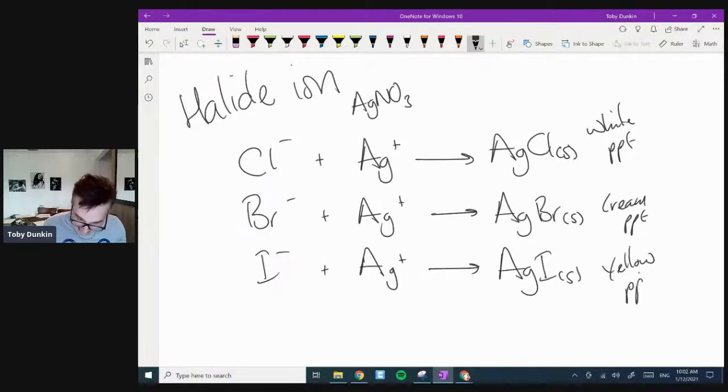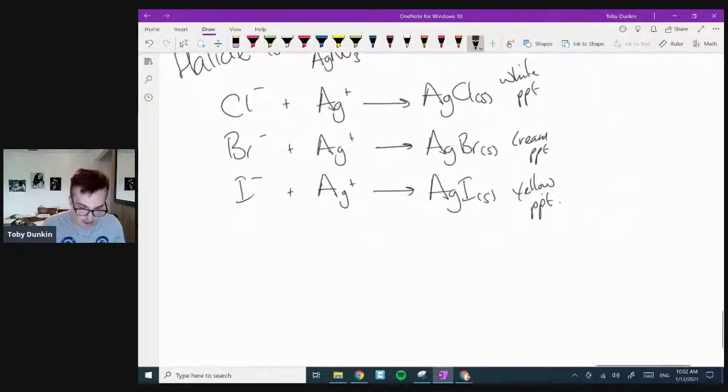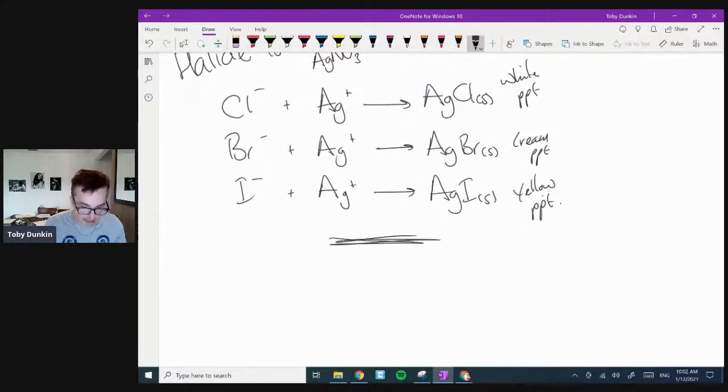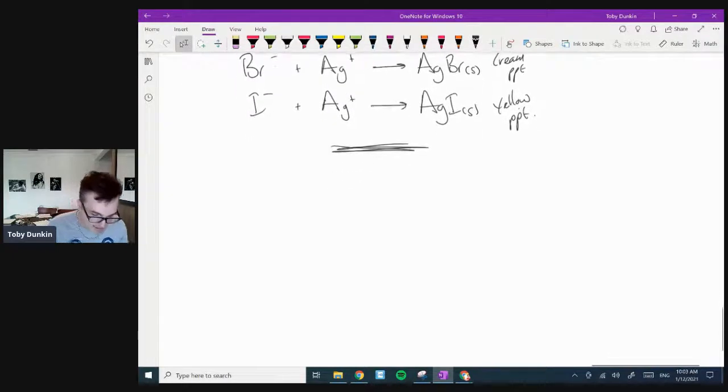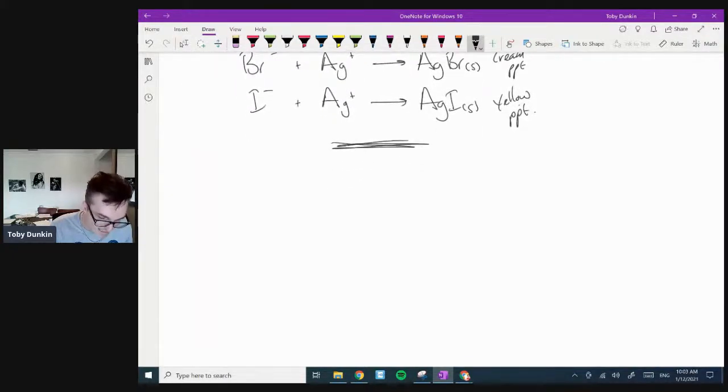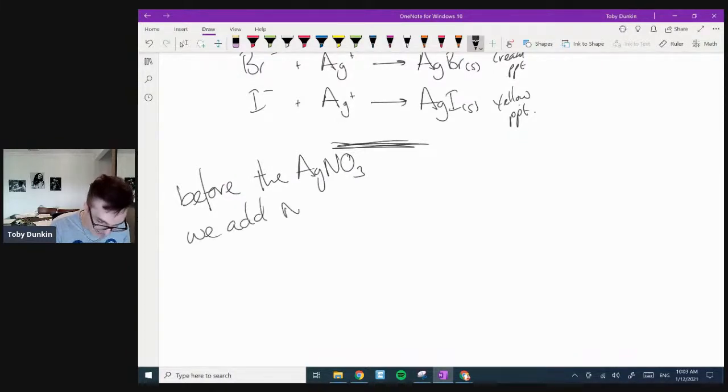But before we added the silver nitrate, we had to add dilute nitric acid. So before the AgNO3, silver nitrate, we add nitric acid, which is HNO3.